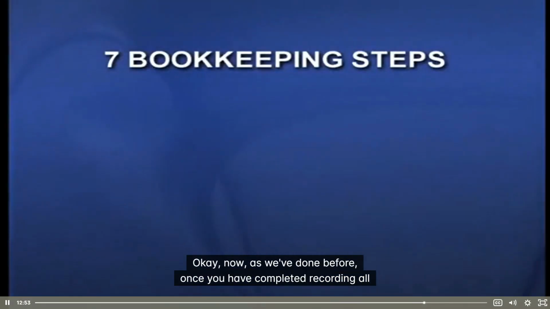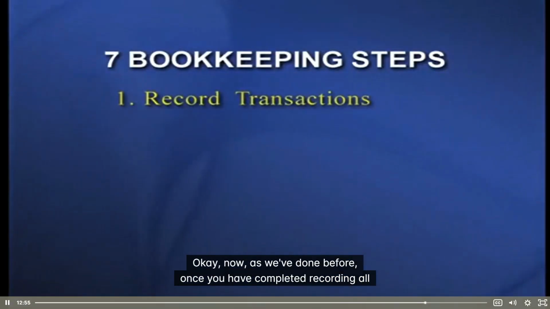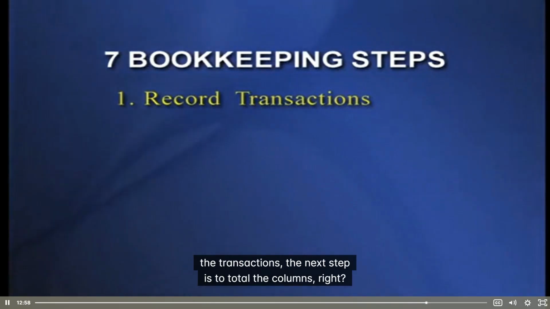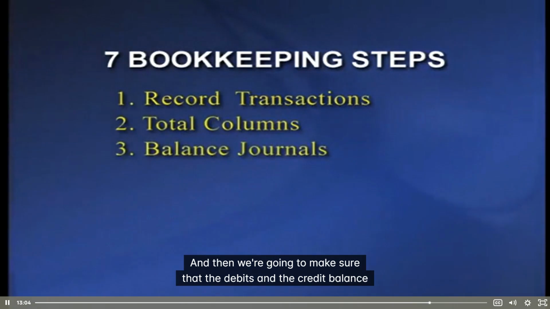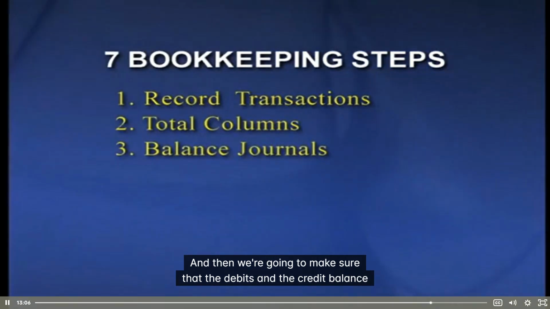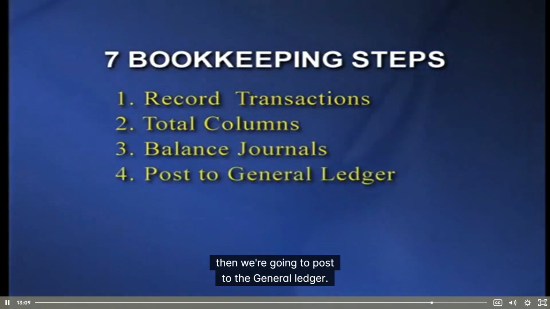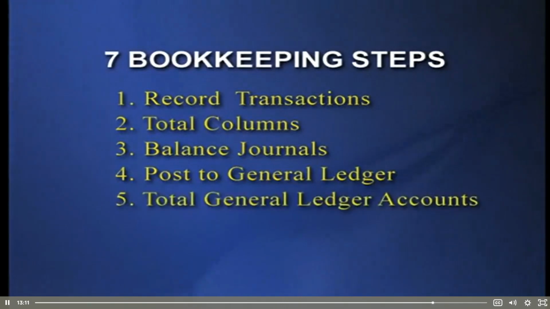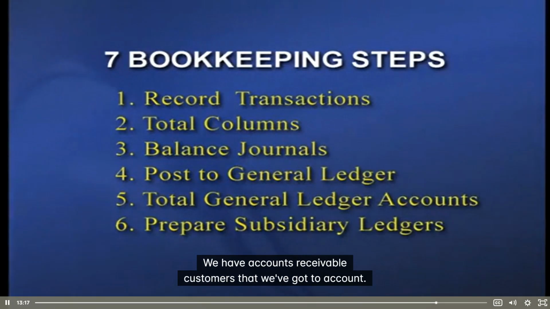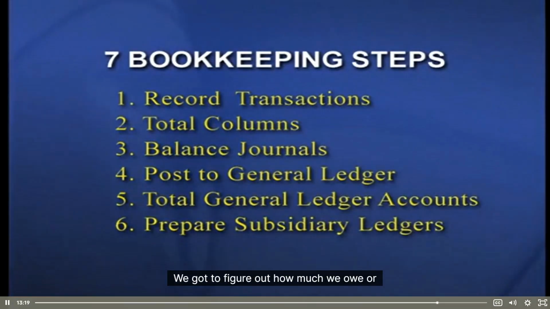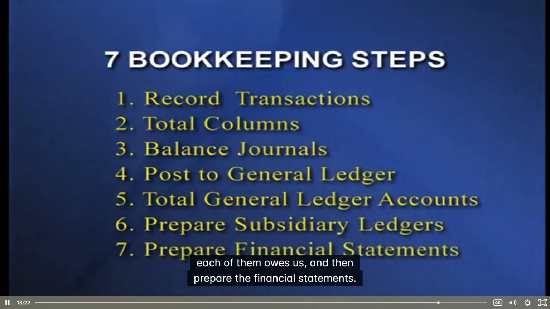Now, as we've done before, once you have completed recording all the transactions, the next step is to total the columns, and then we're going to make sure that the debits and the credits balance. Then we're going to post to the general ledger, total the general ledger accounts, prepare the subsidiary ledgers that are provided on here. We have accounts receivable customers that we've got to account for. We've got to figure out how much we owe each, or each of them owes us, and then prepare the financial statements.